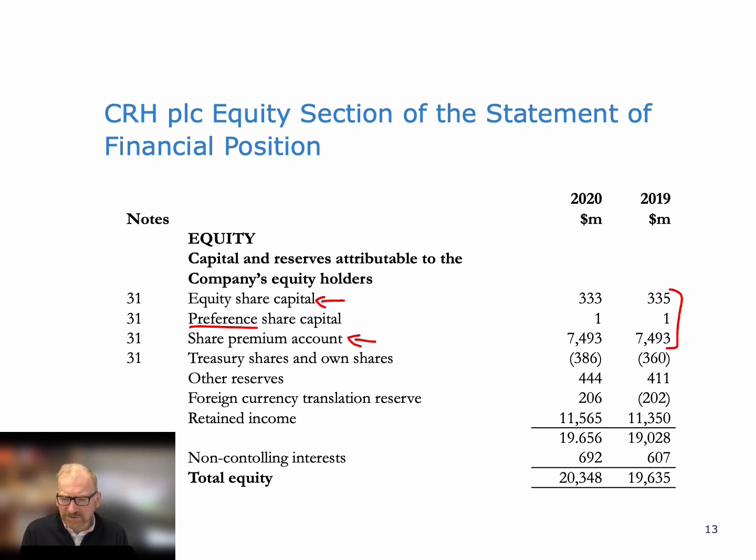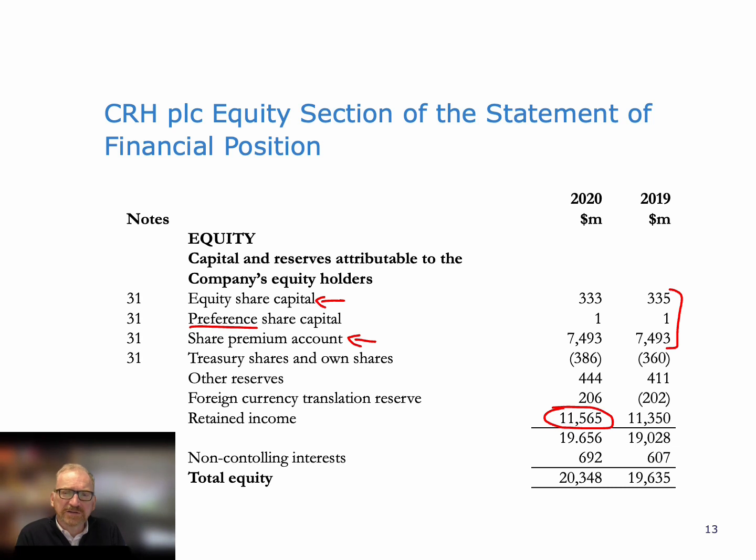The other big account that we want to worry about here is the retained income account. The retained income account represents the profits of the company from the time it was set up to now, minus any dividends that have been paid out of the company. So it tracks the surplus that has been generated in the company and adds that on to the shareholders' equity.